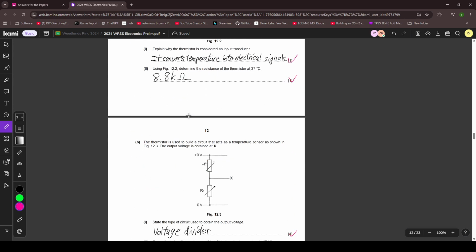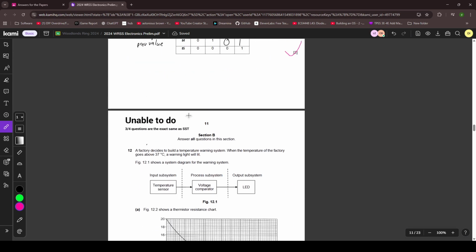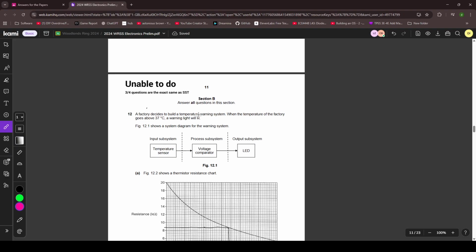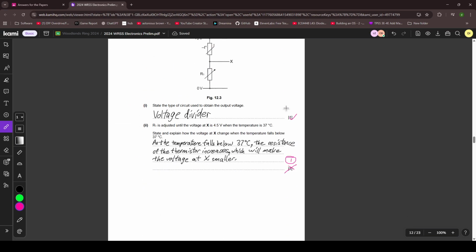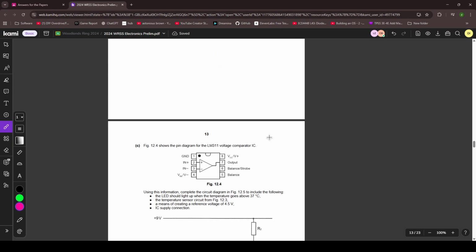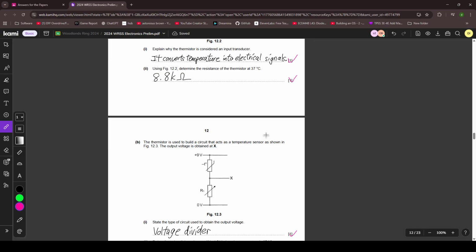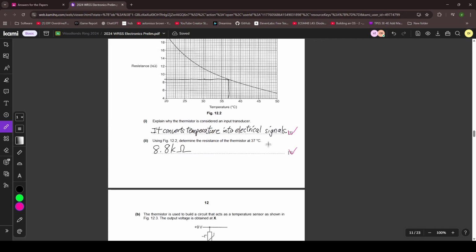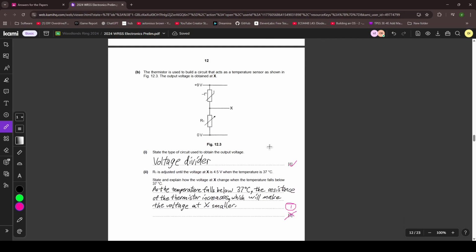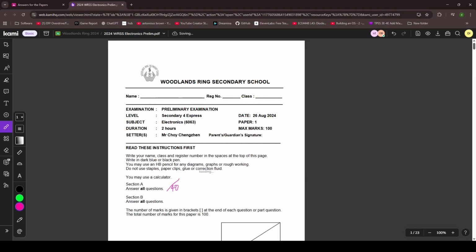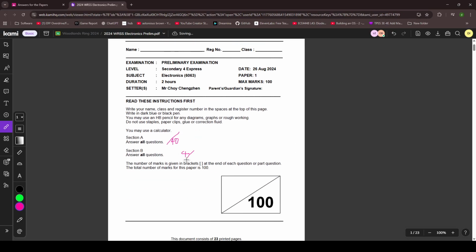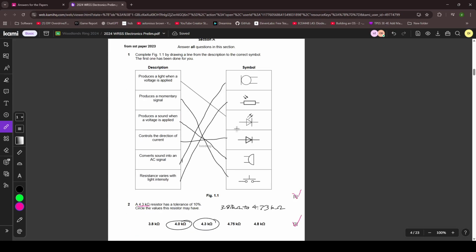So, okay, let's tally your marks. Wait, let me tally section B first. So out of 6 marks, out of 6 for section B, you got 4. Okay, that's not too bad. So you got 4 out of 6. I'll get an actual grade for you.